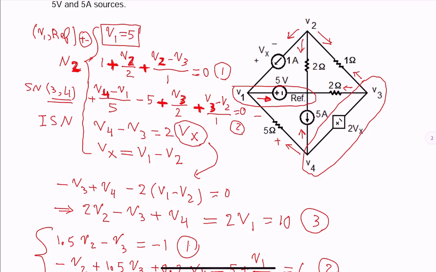Current entering is positive, and that would be 1 amp coming from the top plus the current going straight up. So we want to find I1. That would be 1 plus, let's call this I2. Kirchhoff's current law at node 1. We want to find I1, it's 1 plus I2.